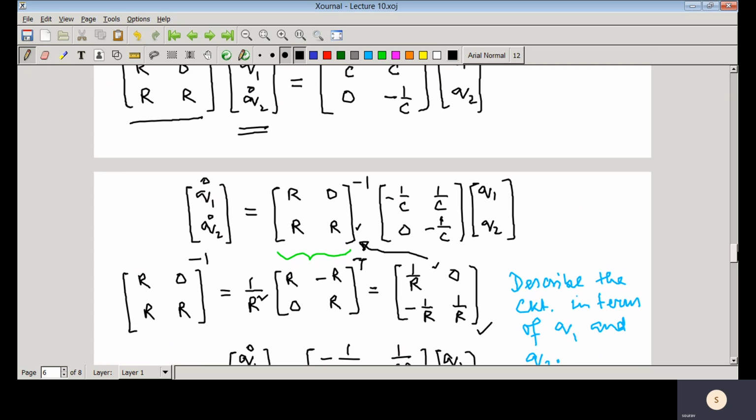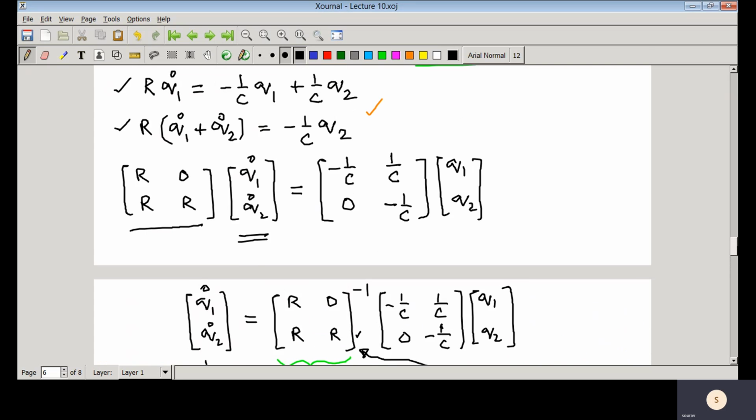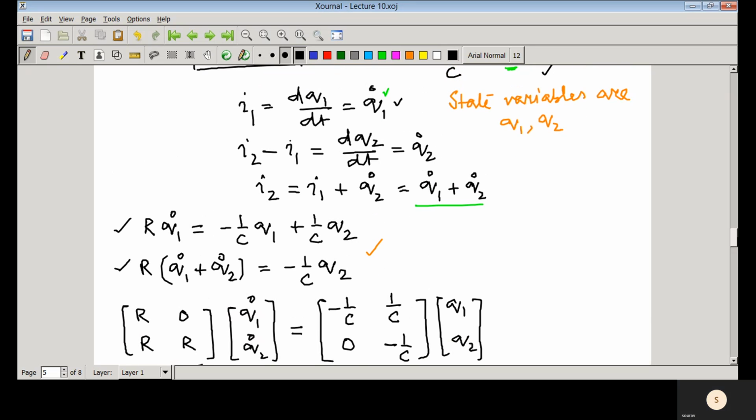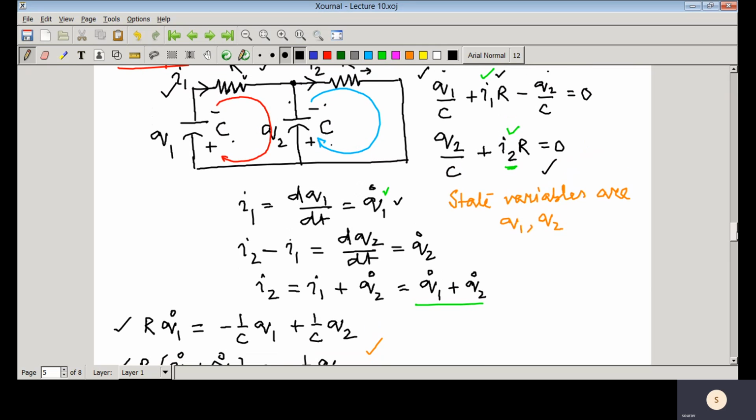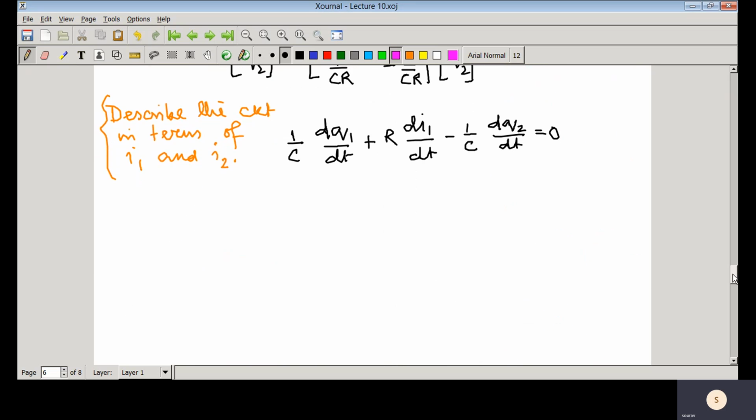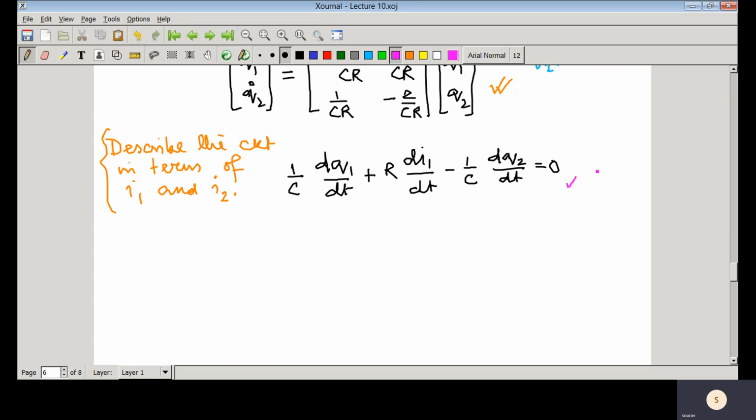Just look here at the dynamical equation that we have. The first dynamical equation, if we take the derivative of this one, basically that would be 1 by c dq1 by dt plus r into di1 by dt minus 1 by c dq2 by dt. So that equation I have written here just by taking the derivative.